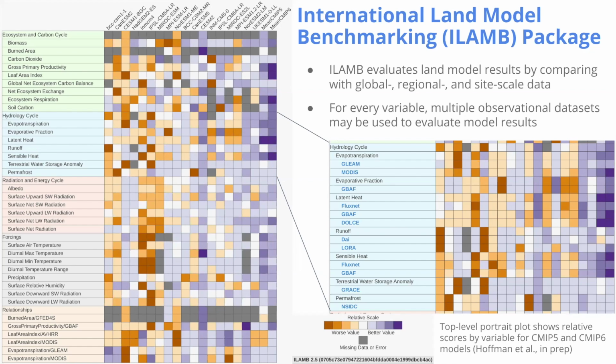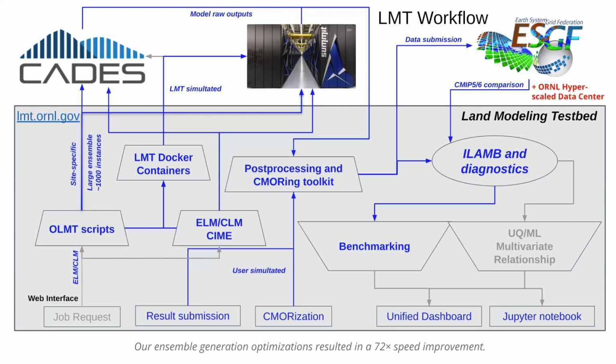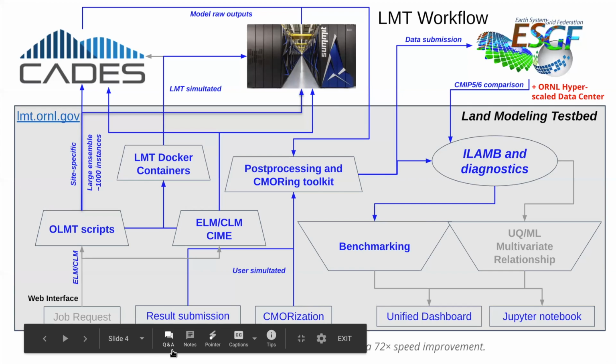We're doing this to try to determine how much models may have improved over the 5 to 7 years in between these CMIP activities, and whether that's attributable to improvements in the forcing versus improvements in the characteristics of the land surface model itself. So that's sitting at the heart of the diagnostics system that we have. And I'm going to turn the pointer on here so I can point you to different things.